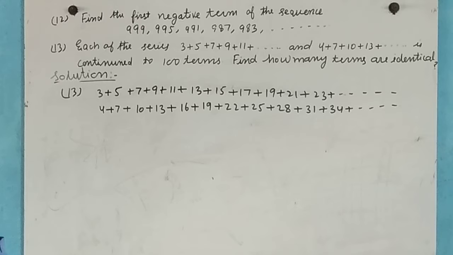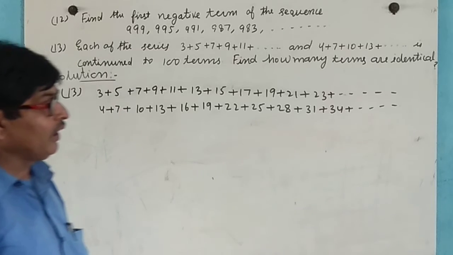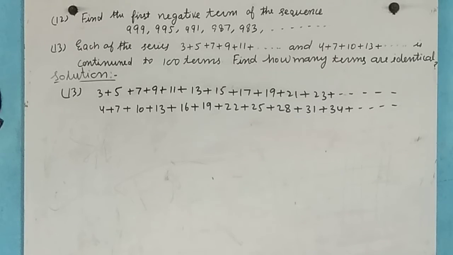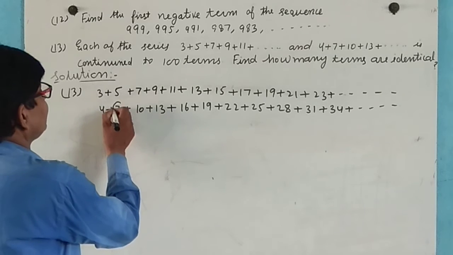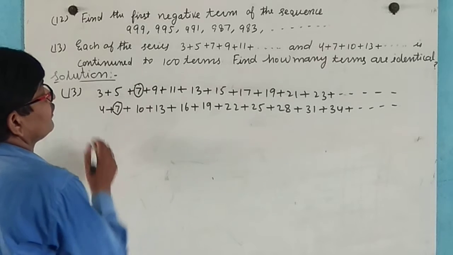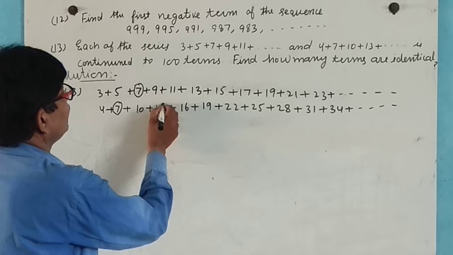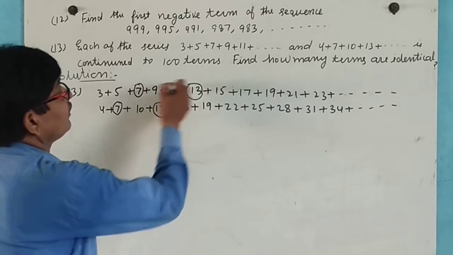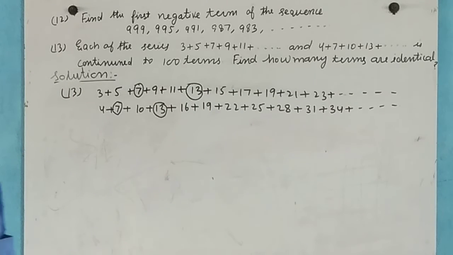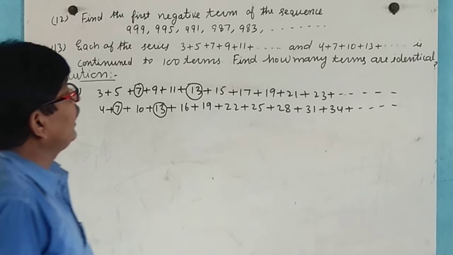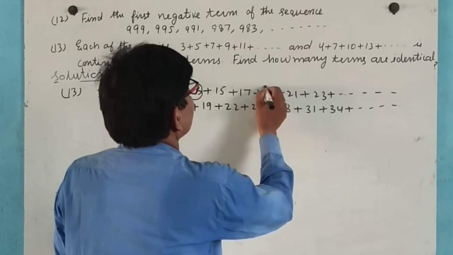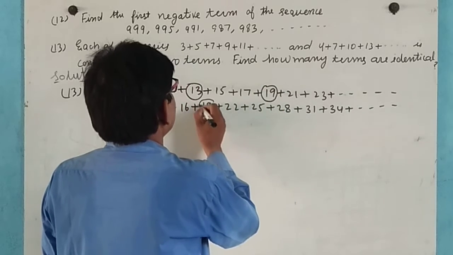In this case, find how many terms are identical. First identical term 7. Second identical term 13. Third identical term 19.